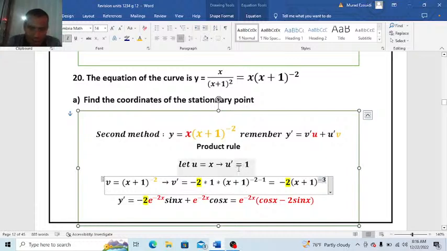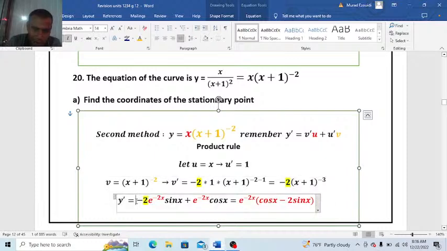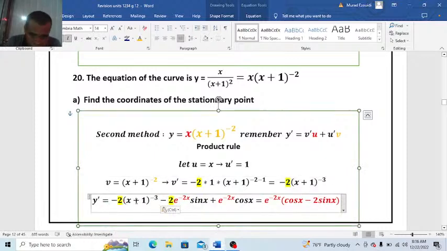Now I will find the first derivative of y. The product rule is u v dash plus u dash v. This is v dash multiplied by u, where u is x, so it will be x times minus 2 over (x plus 1) cubed, which is minus 2x.